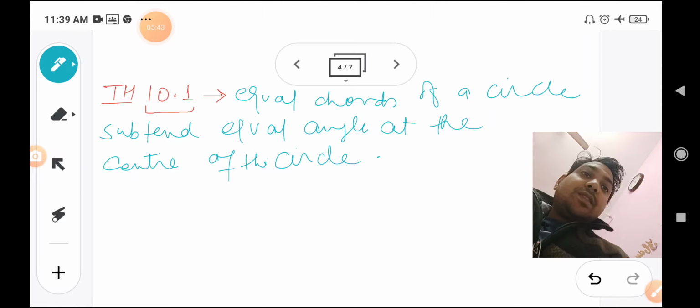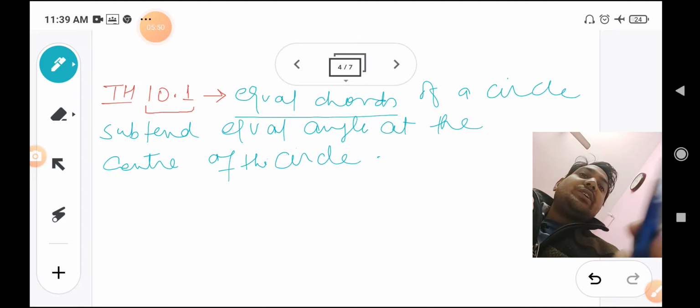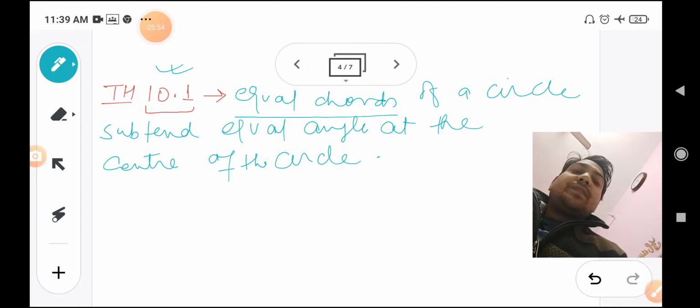Means if the chords are equal, then the angles subtended by them at the center will also be equal. This we have to prove. This is a very important theorem as well as a result, right?